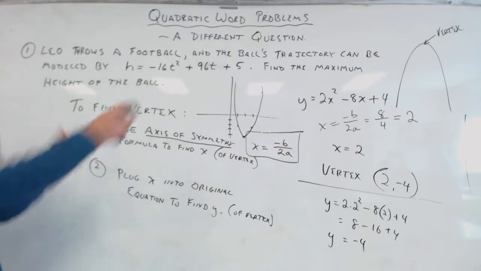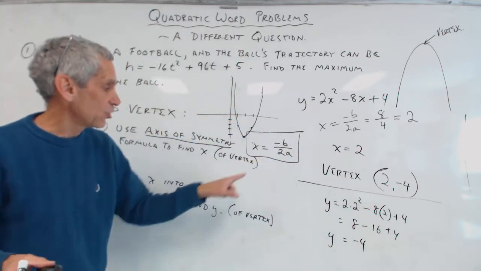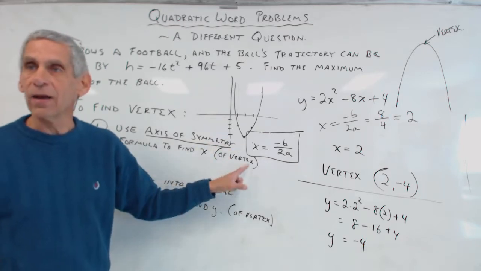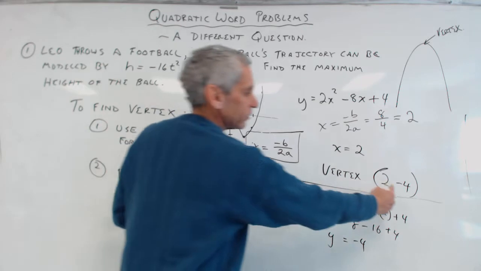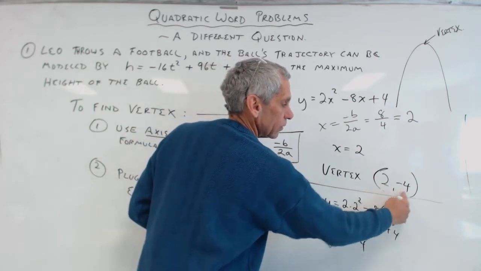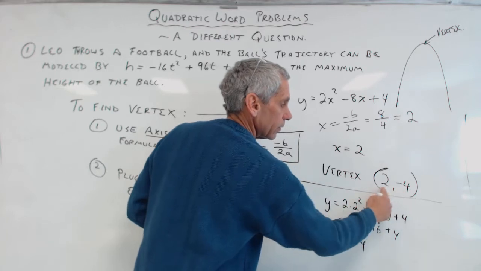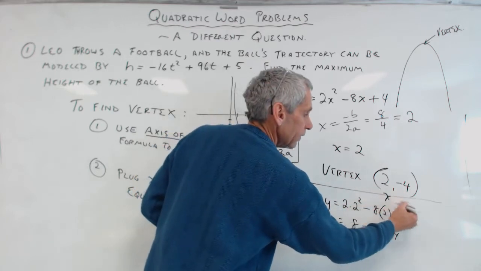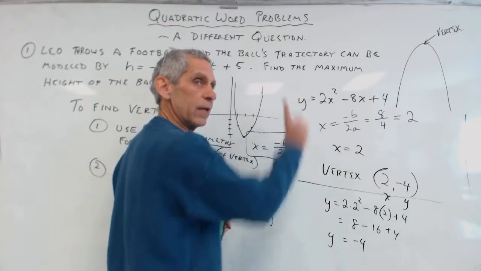Well, now with these word problems, you don't have to graph it. All you have to do is find the y of the vertex. Because think about it. Which of these tells you the height? This is x, and this is y, right? X goes left and right. Y goes up and down.